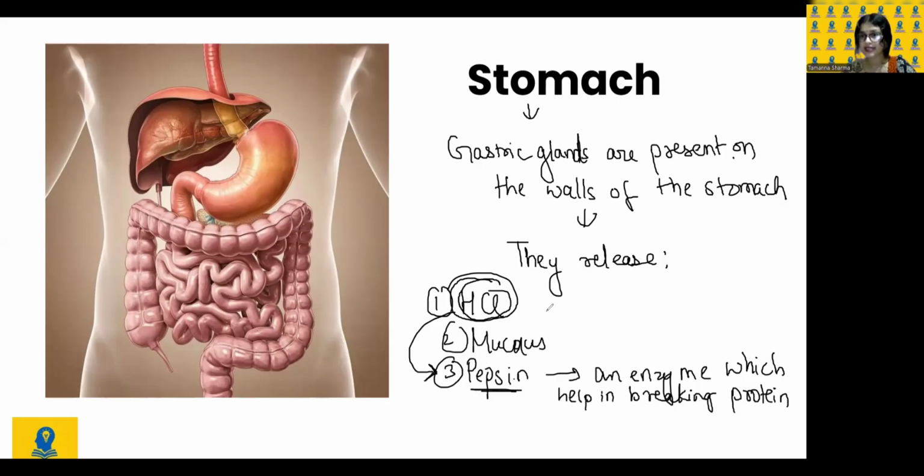First of all, HCl helps in breaking down bigger particles into smaller ones. Then second, it will help in making an environment such that the pepsin will be able to act on protein and break it. Third, it kills germs. If in your stomach there are germs or bacteria or things that are harmful for you that you consumed in your food and it has reached your stomach, the hydrochloric acid will kill them.